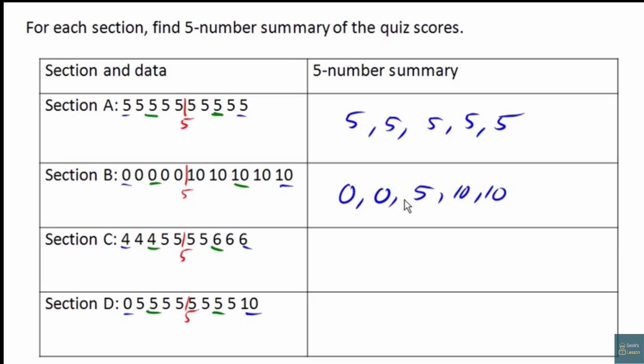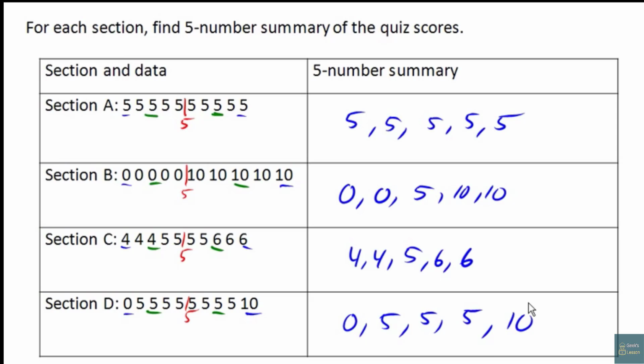For this set, let's see here, 4, 4, 5, 6, 6. That gives us a good idea that this data is all fairly closely lumped. And here we've got 0, 5, 5, 5, 10. You can definitely tell a difference here between the scores in section B and section D, where we can see that at least 50% of the class got scores of 5, right?